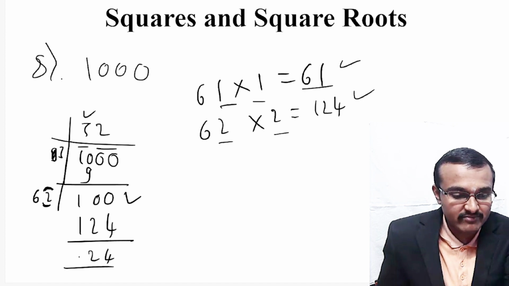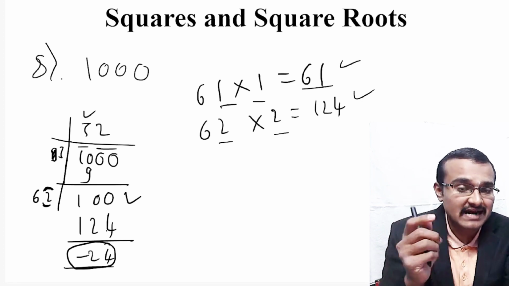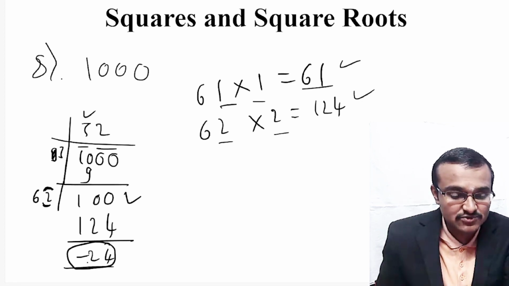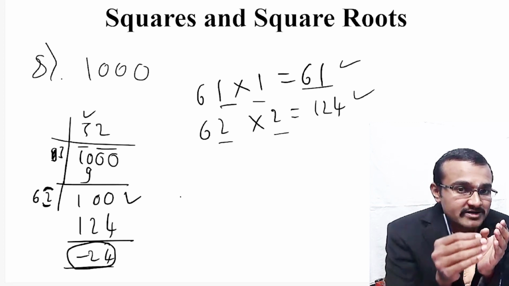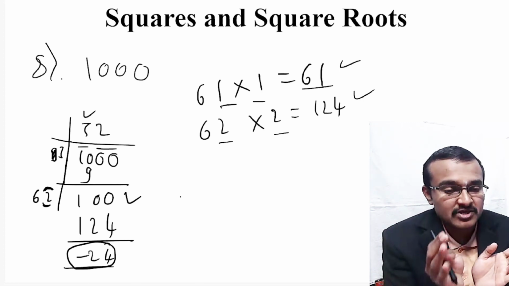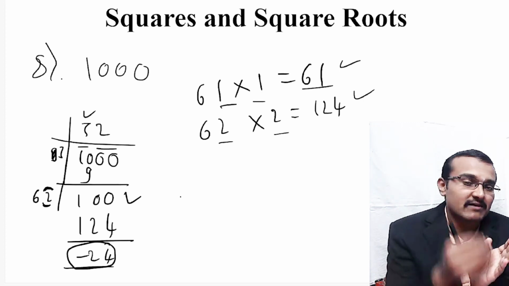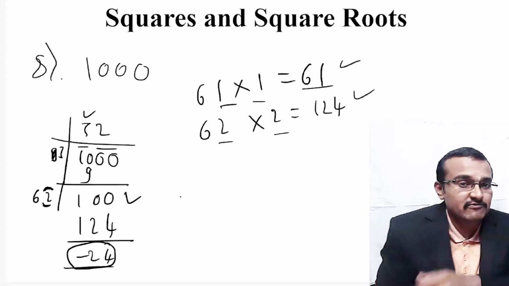So 24, here minus 24 will be there. So that means 24 more plants that particular gardener requires. This negative symbol indicates that many plants are short for that 1000 plants to make a perfect square numbered plants. So that shows 1000 to become a perfect square, 24 is short. That means you should add the 24 to 1000.